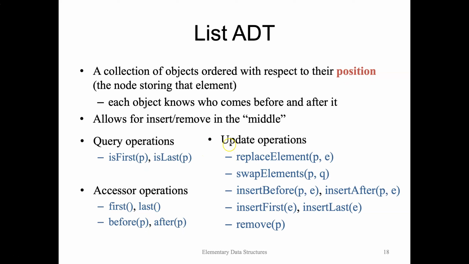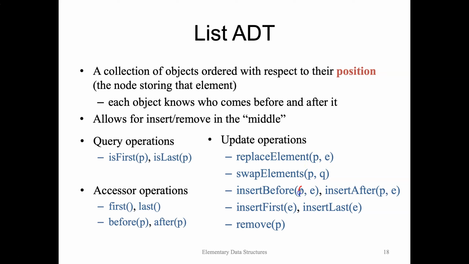Or if we are updating our list, given a position and a specific element, we can replace whatever was stored at this position with whatever the element that we provided is. Or given two positions, P and Q, swap whichever elements are stored at each one of those positions.